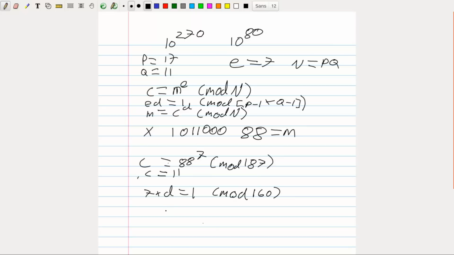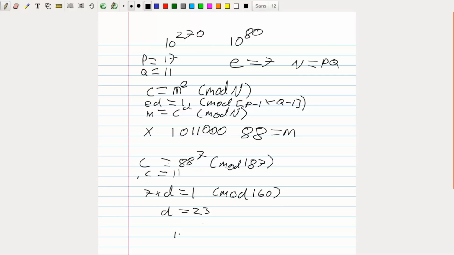So even with these tiny numbers, we've already got to a power of 23. That's huge. That's a huge power. A lot of calculators might not even handle that. So this is what we're going to do now. We've got the ciphertext, which is equal to 11.